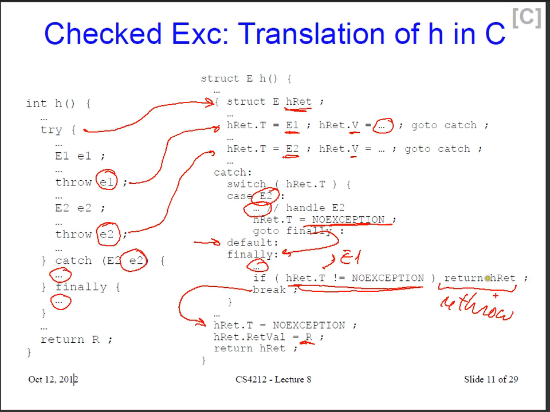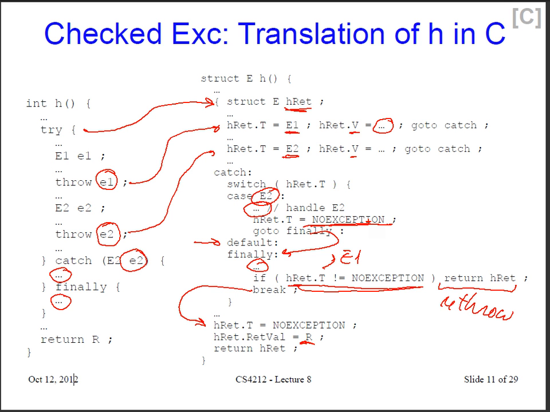So whatever is encoded inside HRET, which is an exception of type E1, is passed on to the upper level, which is G. And remember, G will just notice that HRET is different from no exception, and will pass it on to F, which can handle the exception of type U. So this would be, in essence, the translation.